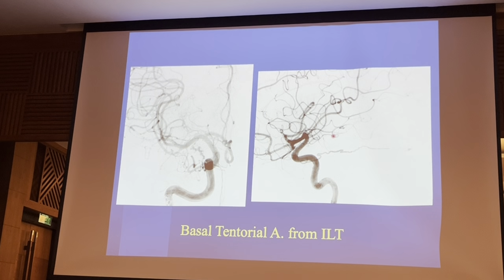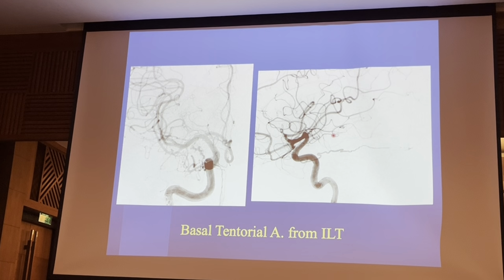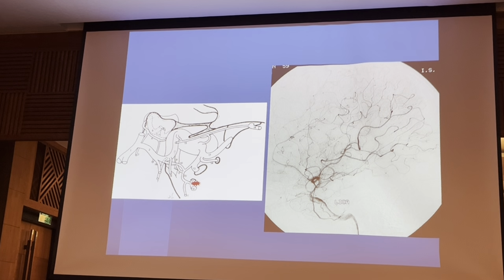And the basal tentorial artery can come not only from the C5 segment of the internal carotid artery, it can also come from the inferolateral trunk. This is the inferolateral trunk giving off the basal tentorial artery, which runs laterally.